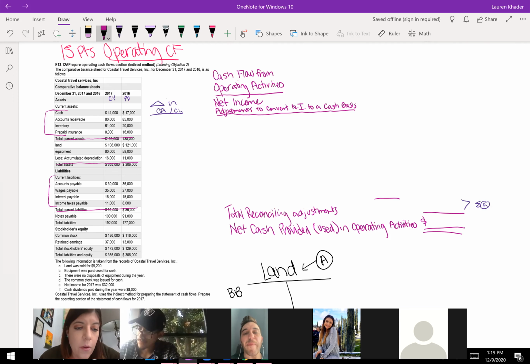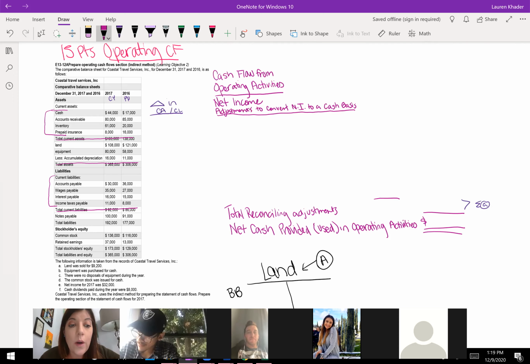The following information is taken from the records of Coastal Travel Services, Inc. Land was sold for $9,200. Equipment was purchased for cash. There were no disposals of equipment during the year. The common stock was issued for cash.